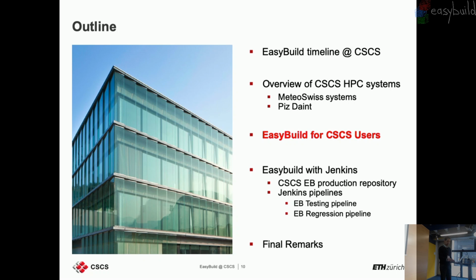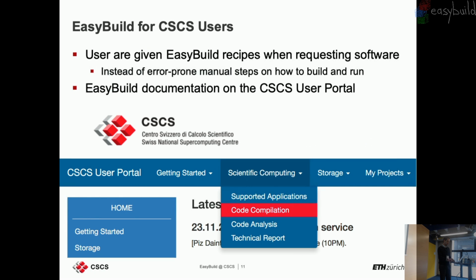So what do users do then with our EasyBuild installation? In general, when users ask for software that is not already provided on the system, we try to give them an EasyBuild recipe in order to reduce error-prone manual steps and also to improve the management of the support to the users, instead of giving just manual recipes that are difficult to track for individual requests.